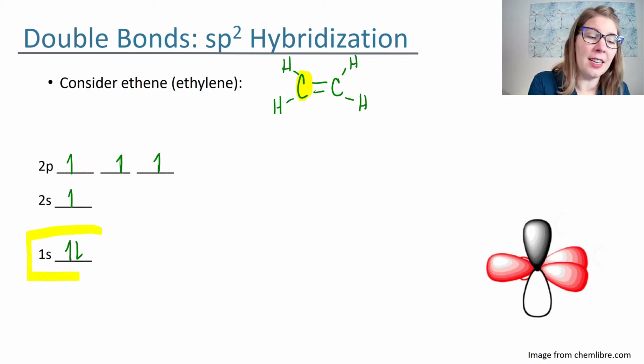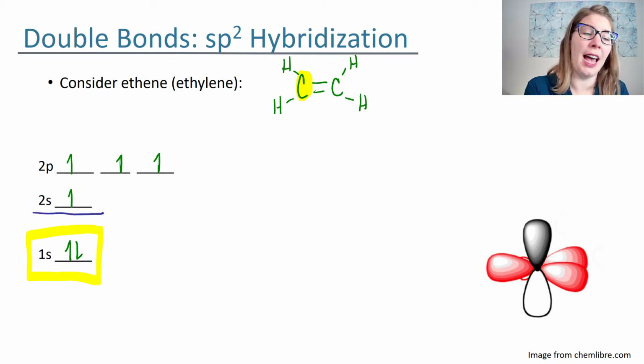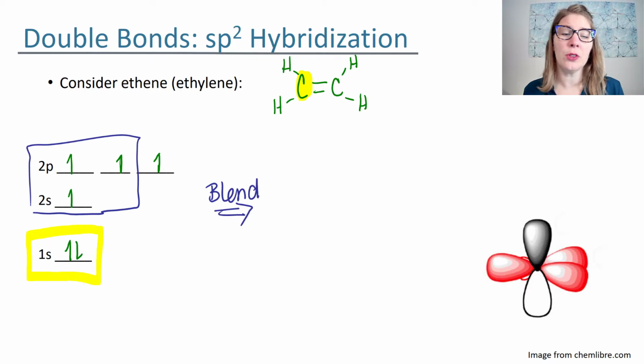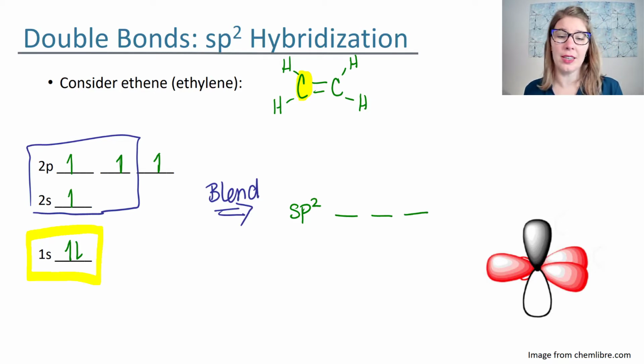Remember that these core electrons are not involved. What's going to happen is we're going to choose S and 2 of the P's, and we will blend those. And when those are blended, you end up with sp2 hybrid orbitals that are all the same energy.